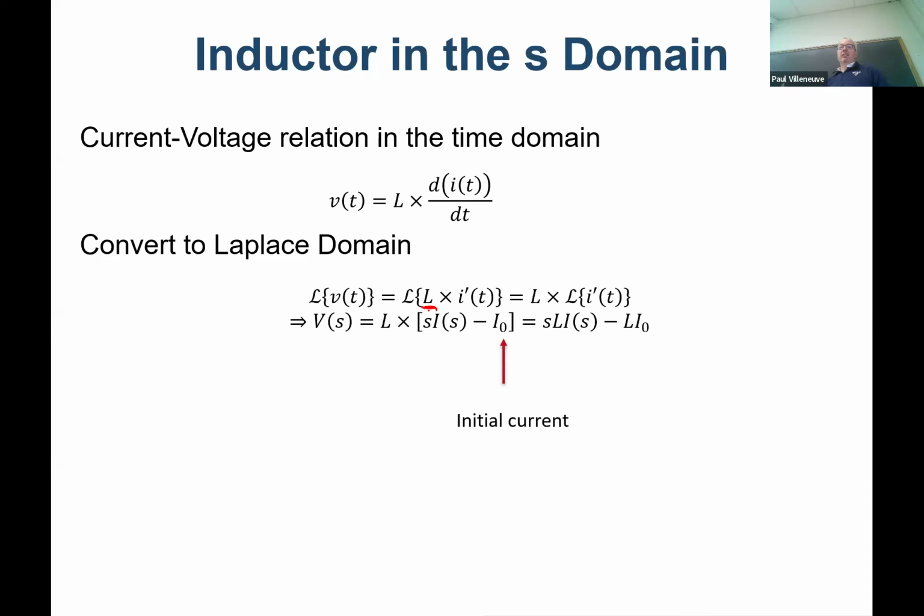It's not changing. So move it out front. If we can multiply by a constant, it's exactly the same as we had with the resistor. What changes a little bit is now that we have the Laplace domain transformation of not i(t), but i prime, or di/dt. And when we take the derivative of a time domain function, what is that equivalent to in the Laplace domain?